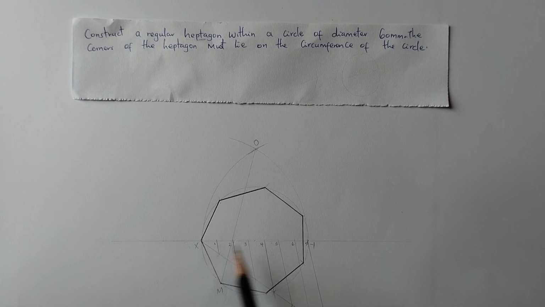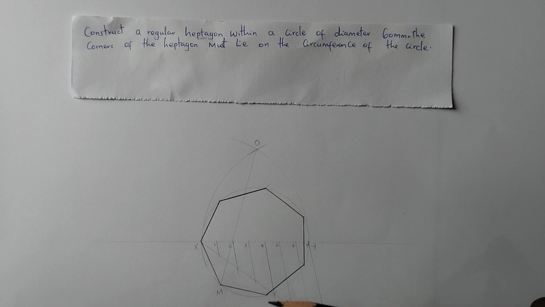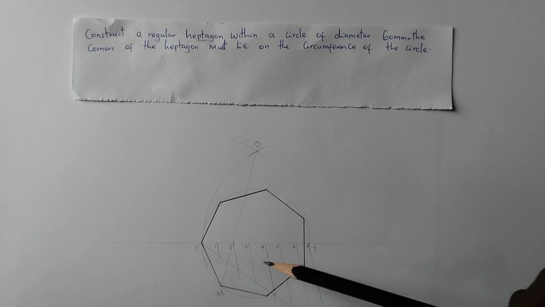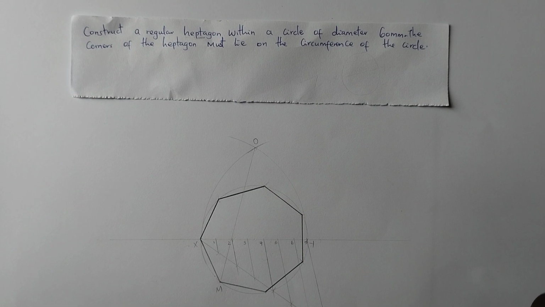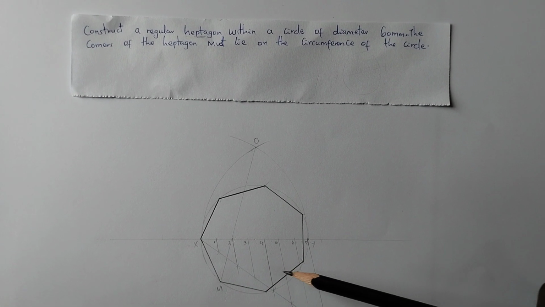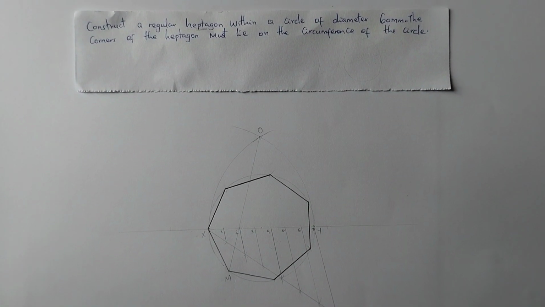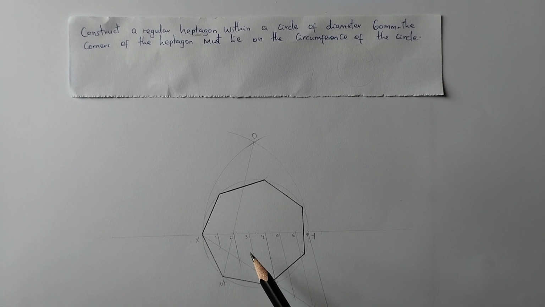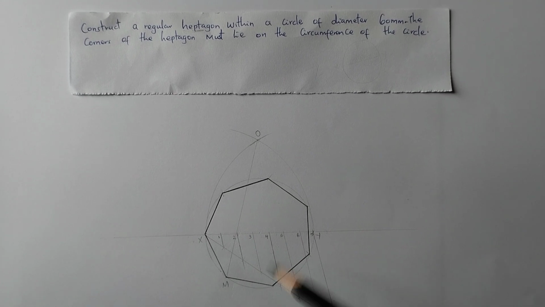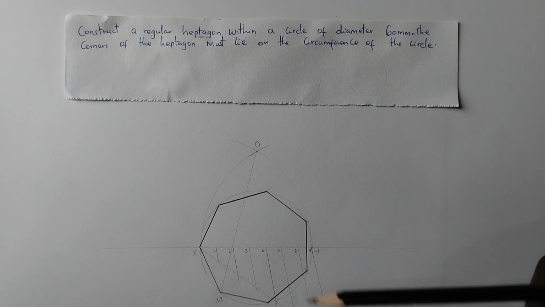Now our length XY is simply the diameter, which we were given as 60. We had to construct a circle with the radius of 30 and divide that circle into the equal number of portions that our heptagon would require. In our case it was 7, that's why we divided it into 7 equal portions.